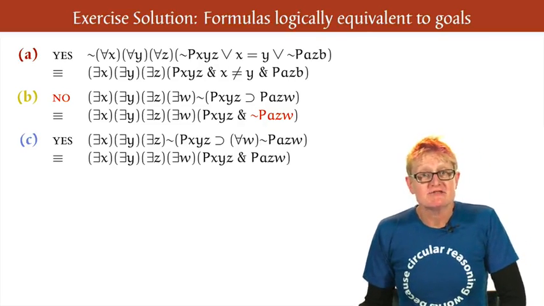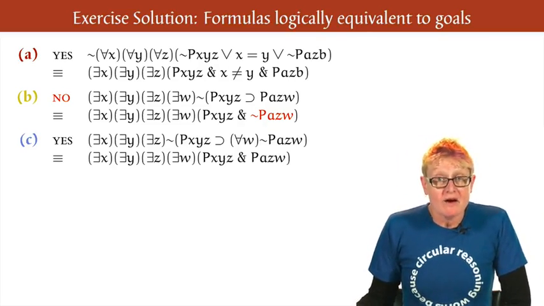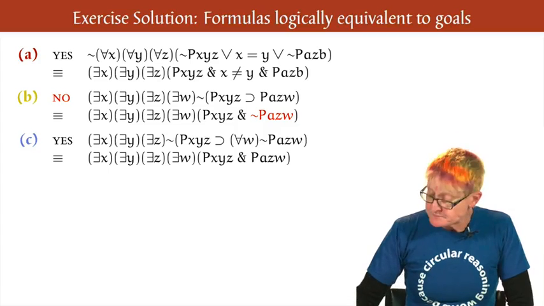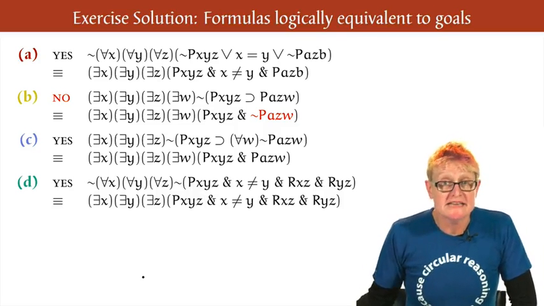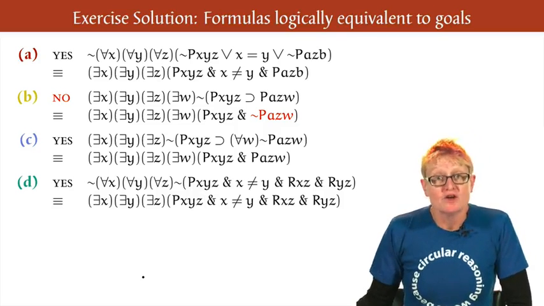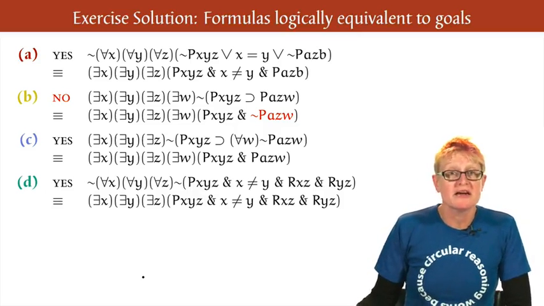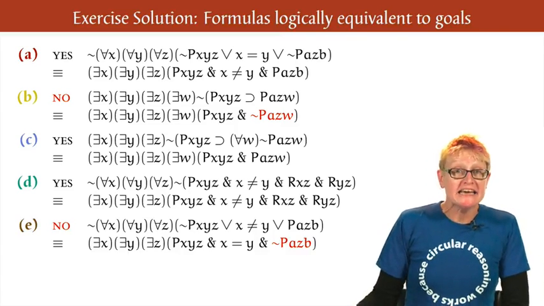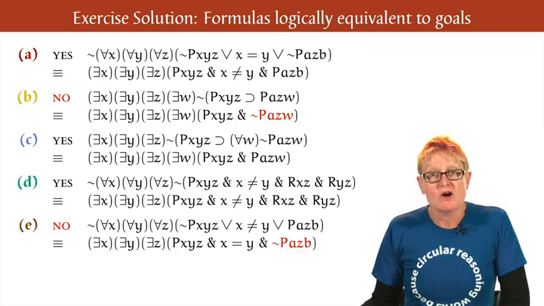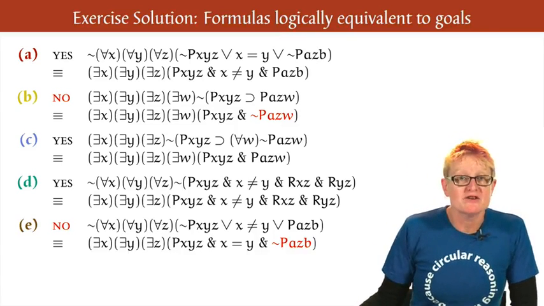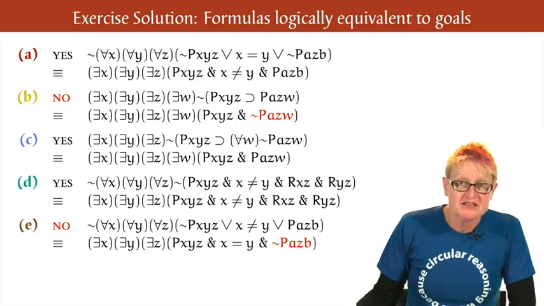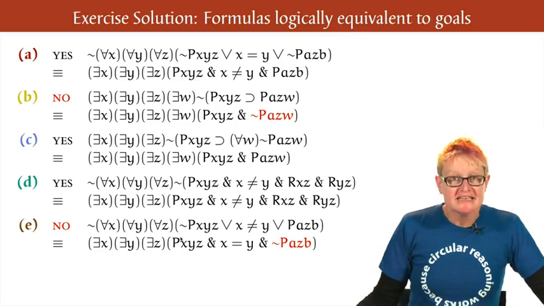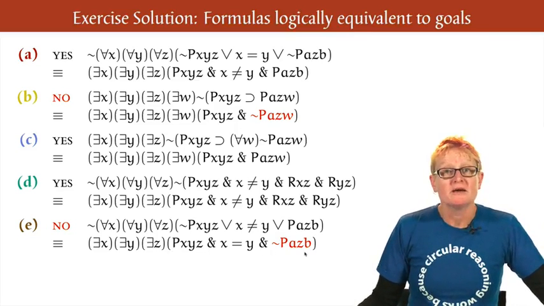For C, the answer is yes, and also uses the negated conditional equivalence. For D, it's another case of not for all not being equivalent to there exists. While for E, the answer is no, because after getting the bank of universal quantifiers out the front of the conjunctions, one of the star atoms is negated and that cannot be moved away.